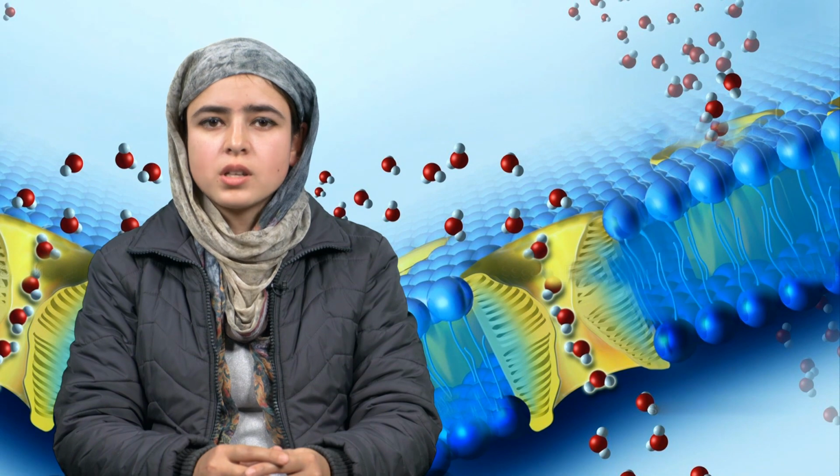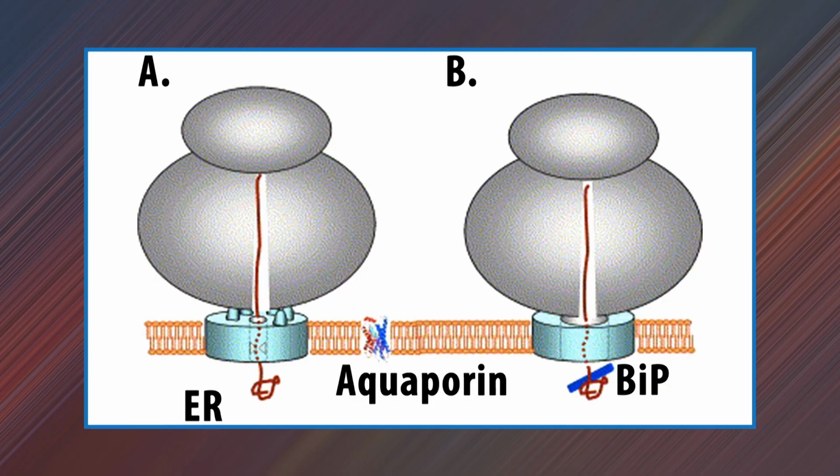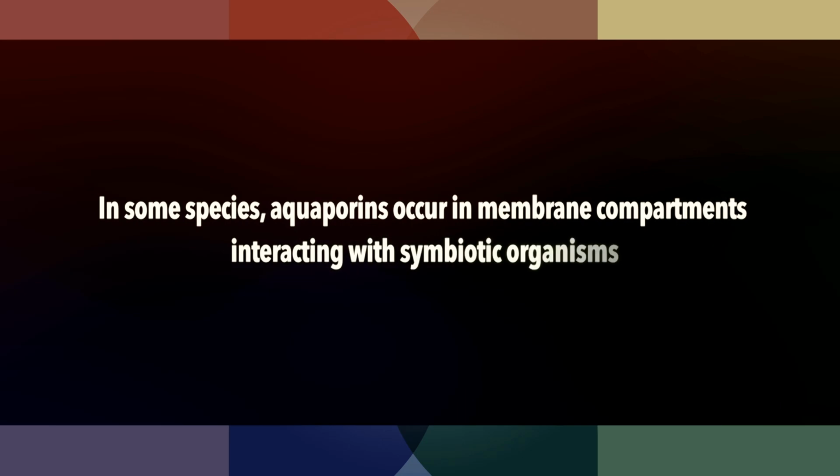Plant aquaporins are localized in the plasma membrane, endoplasmic reticulum, vacuoles, and plastids. In some species, aquaporins occur in membrane compartments interacting with symbiotic organisms.